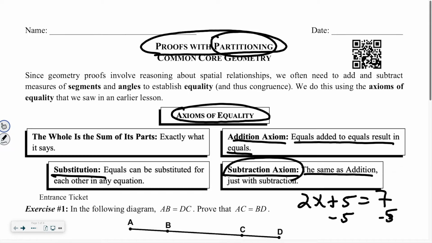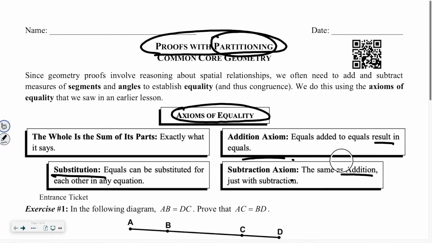Here, equals subtracted from equals results in equals. I know that's very wordy, but here it is. You can take this out and I still have 2x equals 2. The equals did not disappear. And then we have the same thing for addition.